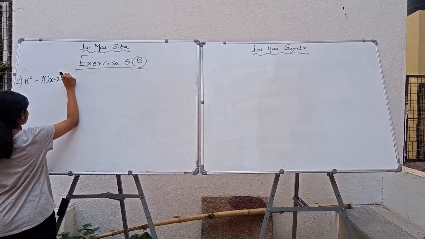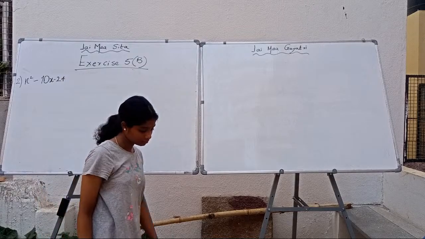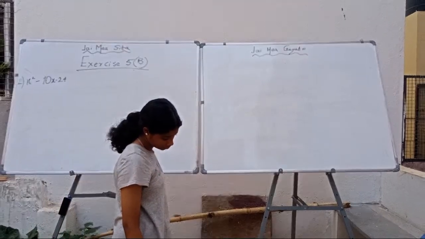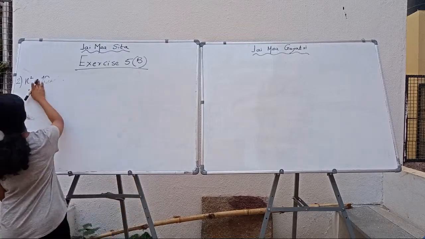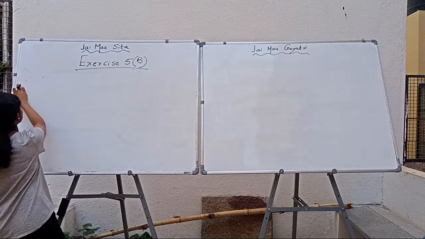No, D1, D1, D1. Next one. X plus 1 by x is equal to 2.5. MCQ continued. Right, no? You can use the duster.